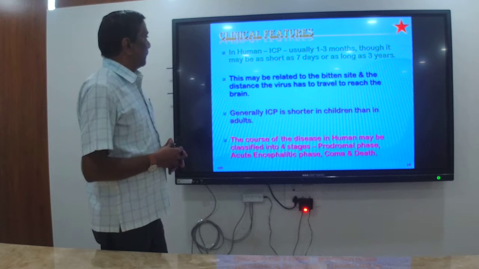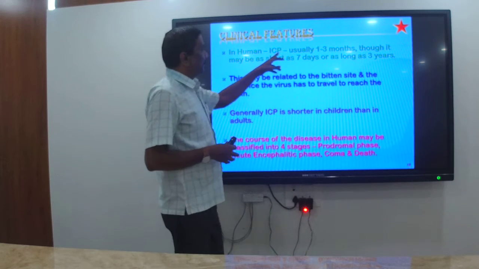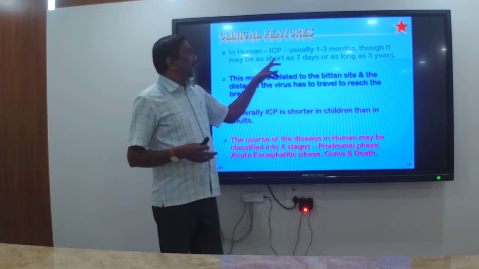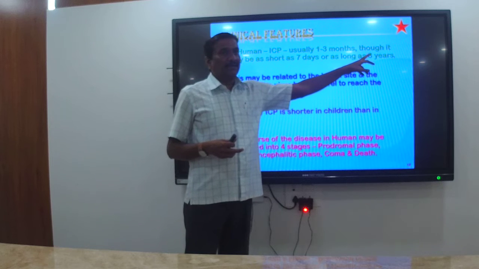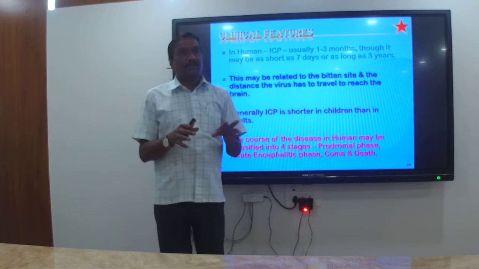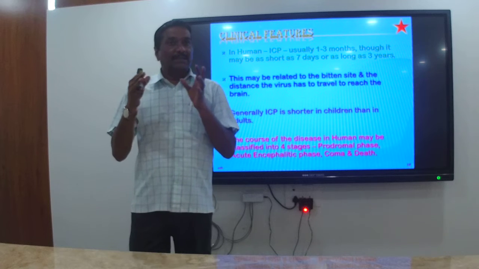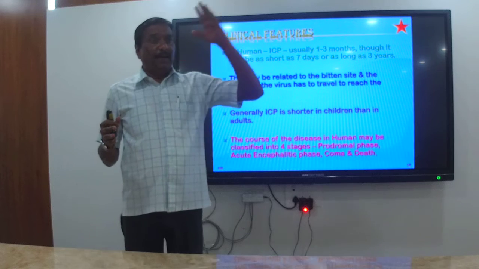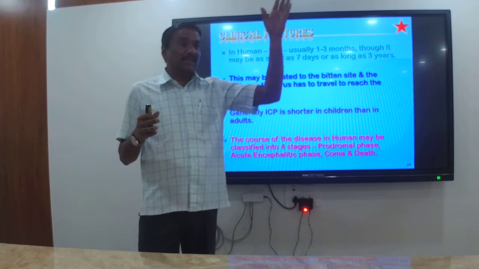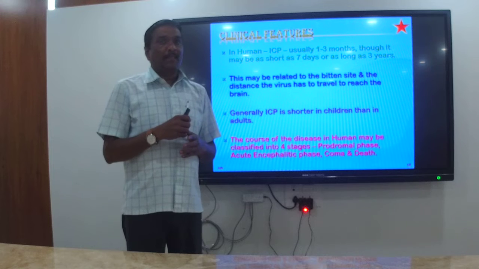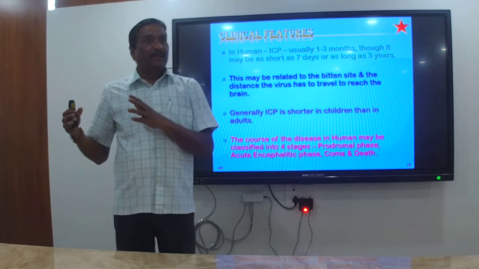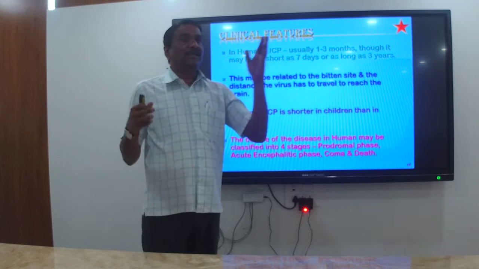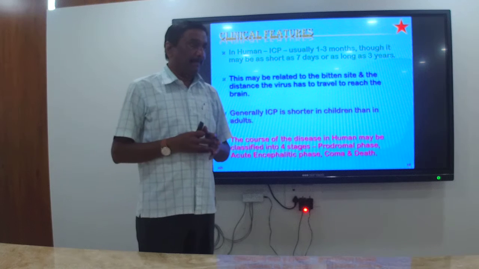Now the clinical features. In human beings, the incubation period ranges from 1 to 3 months, though it may be as short as 7 days or as long as 3 years. Now this incubation period actually depends upon the site of bite of the mad dog, the distance the virus has to travel to reach the brain.